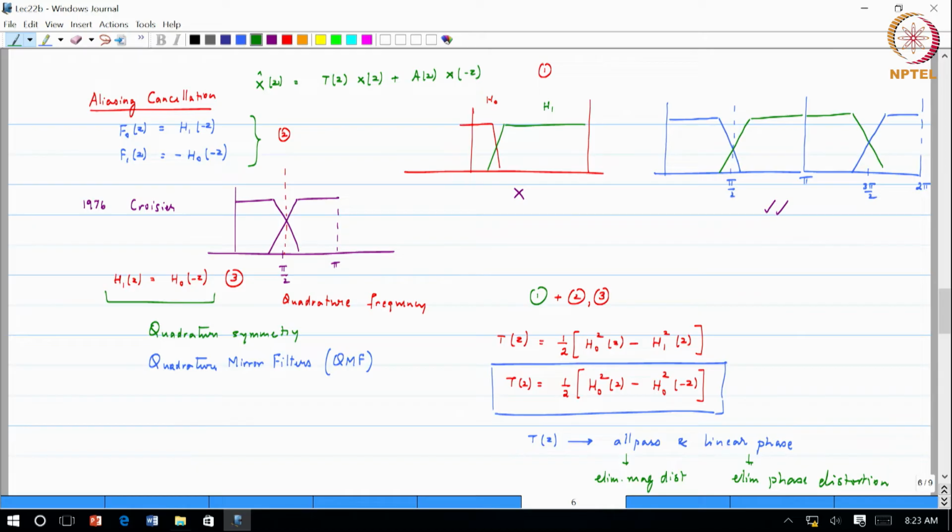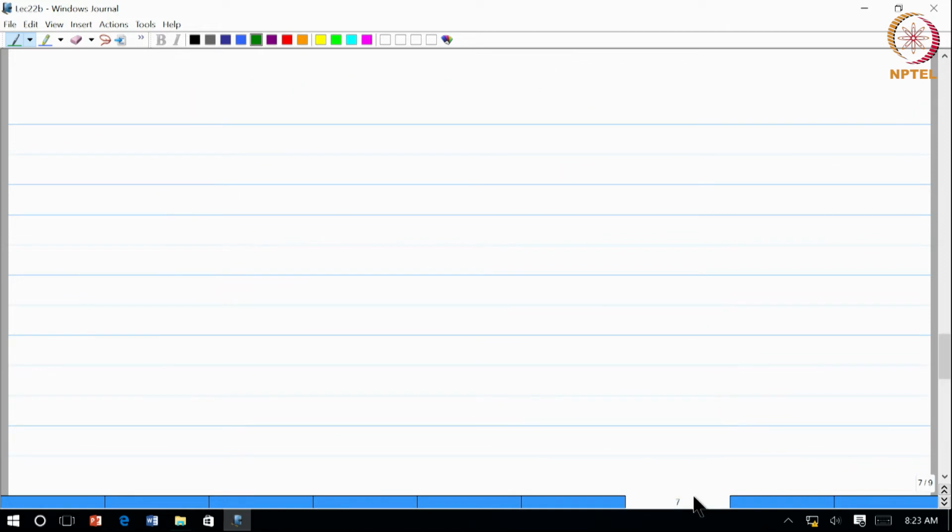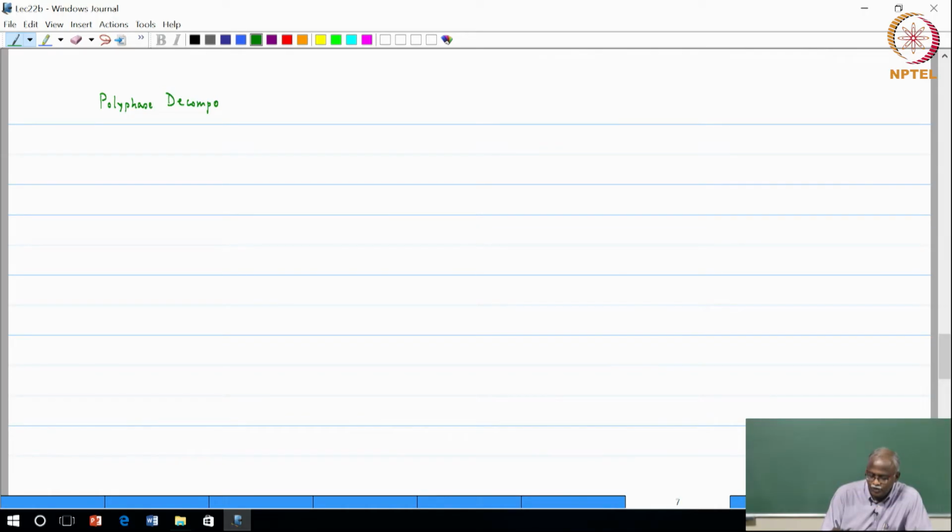So we said that from now on we will work only with the QMF situation, because that has simplified our problem by one level, but how do I get solutions that are useful in terms of the design of the filters? So we go back to the tools that we have already developed, polyphase decomposition, and ask if this will give us any insights into the design of the 2-channel filter bank.